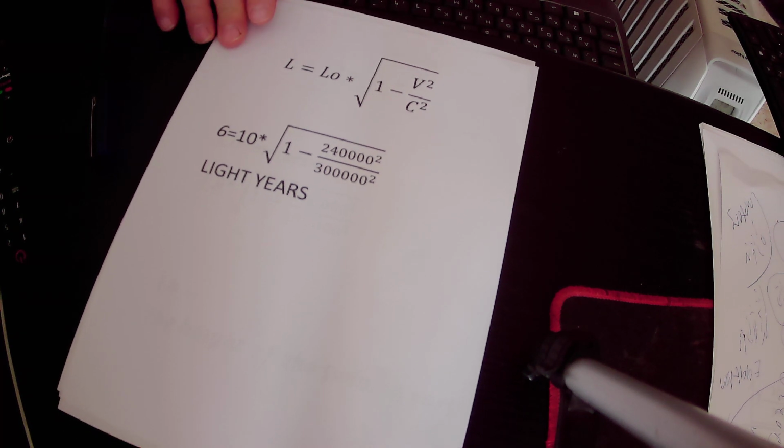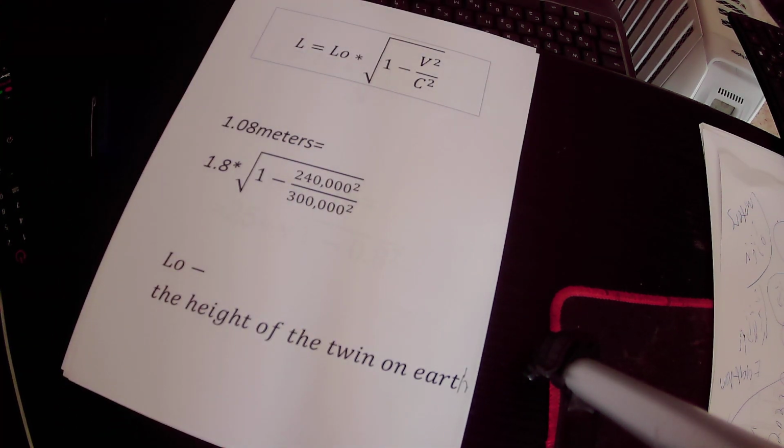And if on Earth he is 1.8 meters, then from the point of view of the twin brother who remains on Earth, the height of the twin brother in the spaceship shrinks to 1.08 meters.